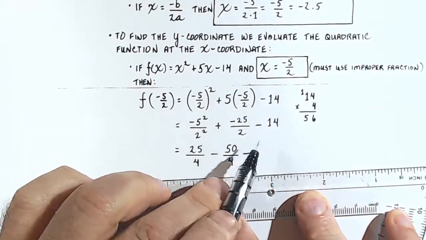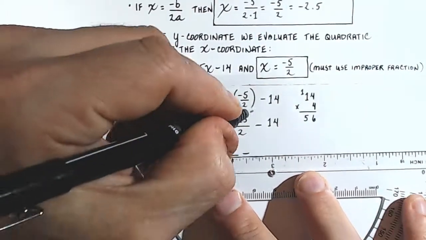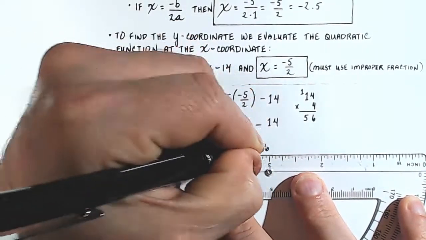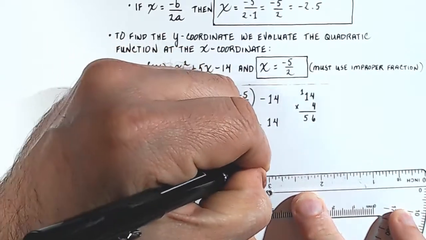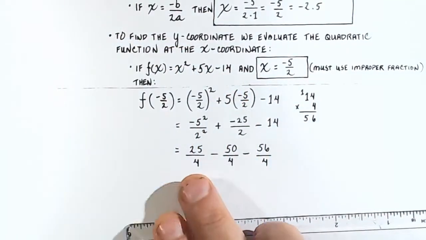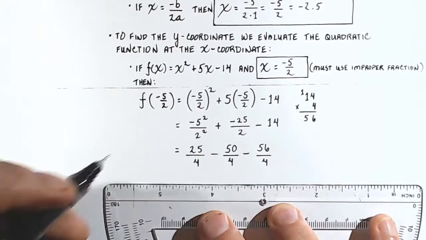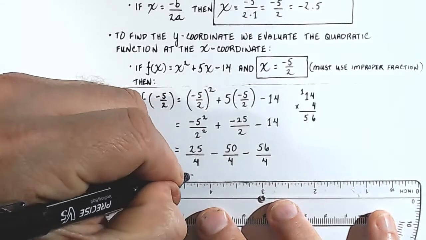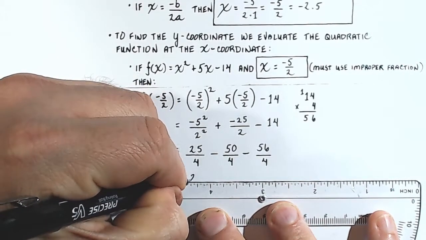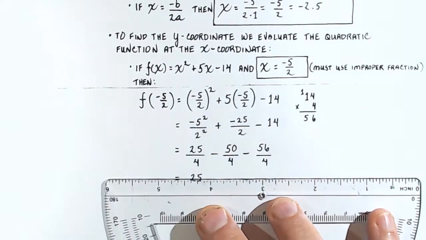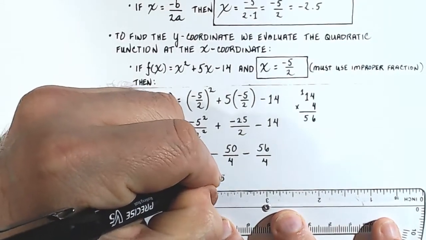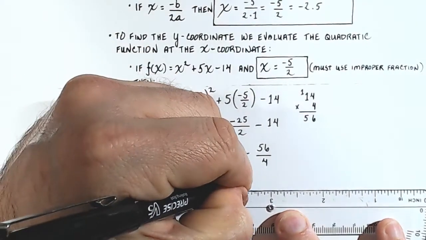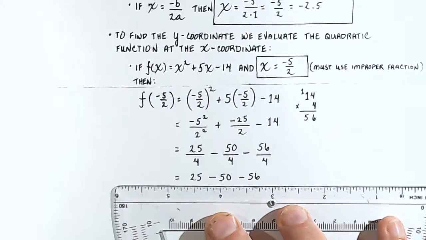So rather than writing minus 14, I'll write minus 56 over 4. Okay, so you see now we have common denominators across all 3 terms. So I can rewrite this with all of the numerator terms above a single denominator. 25 minus 50 minus 56 all over 4.